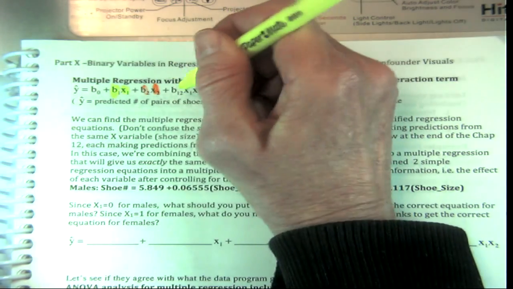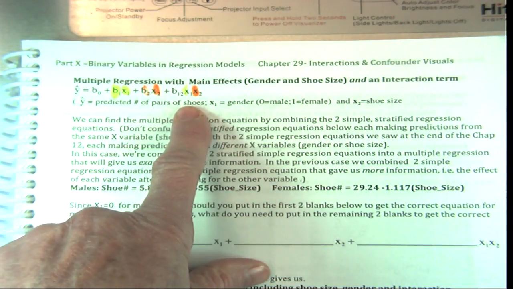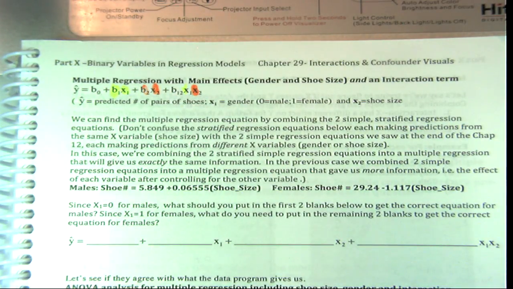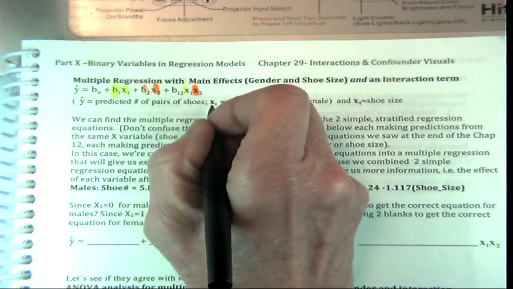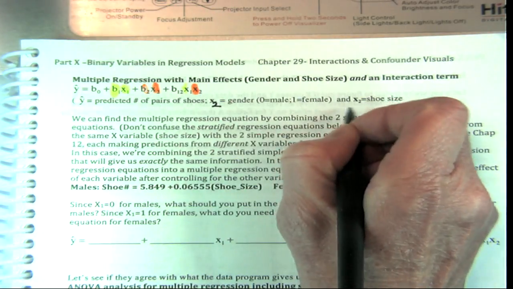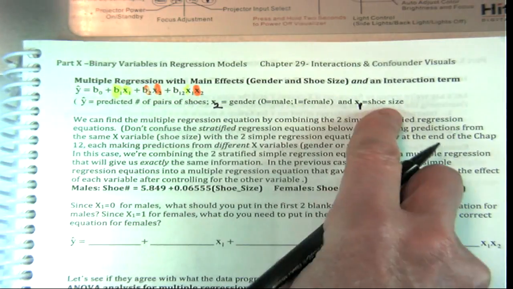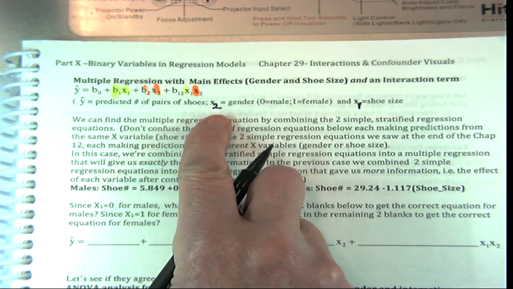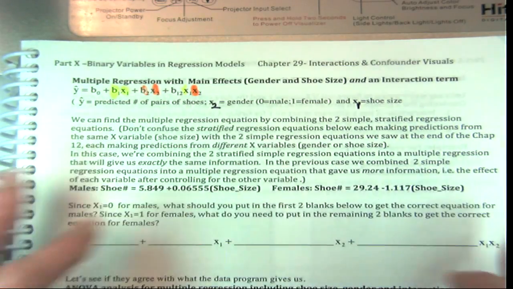And then we have this multiplicative effect here, that's both of them together. Okay? So why is the predicted number of shoes? I think it'll be easier to explain this if I change this to X2 and this to X1. Sorry. So X2 is going to be gender, and X1 will be shoe size in this one.